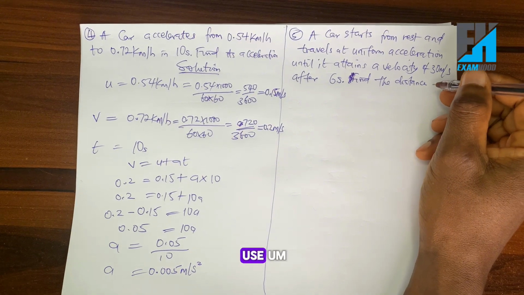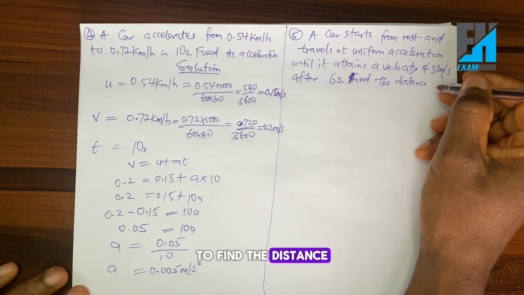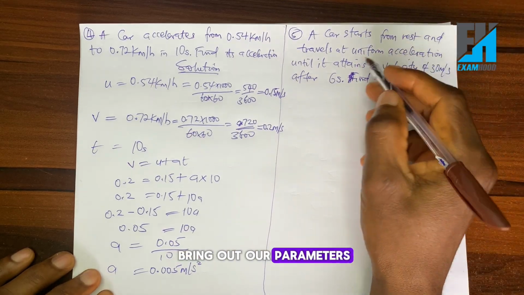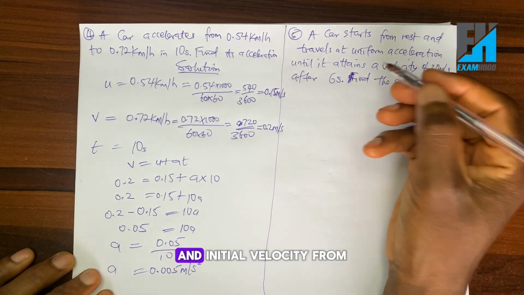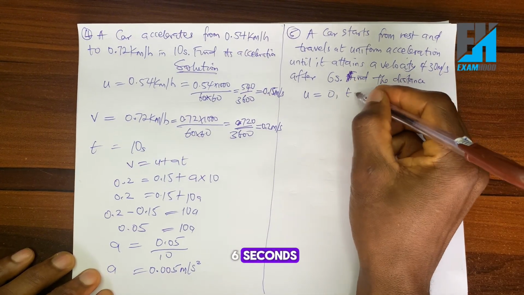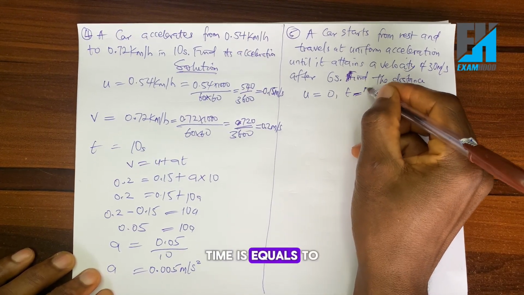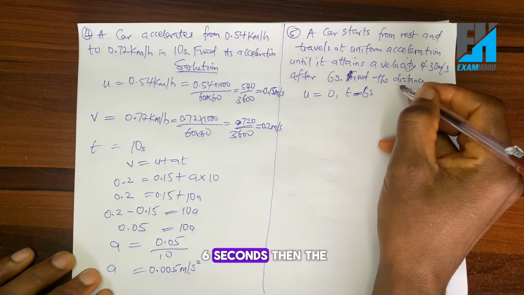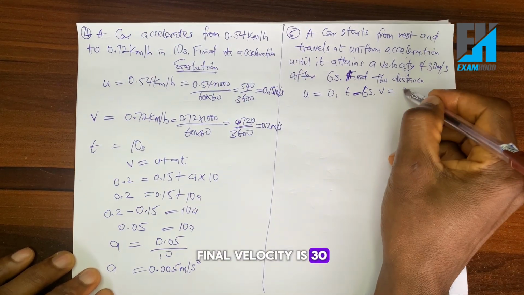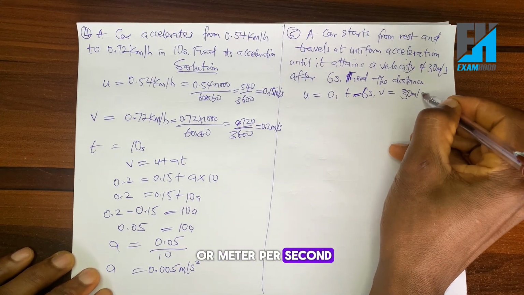So to find the distance, before then, let's bring out our parameters. A car starts from rest, and initial velocity from rest is always 0. The time here is 6 seconds. Then the final velocity is 30 meter per second.